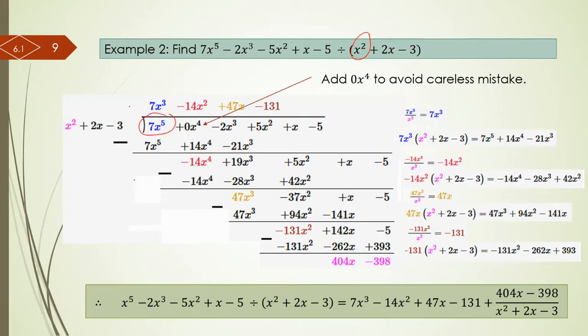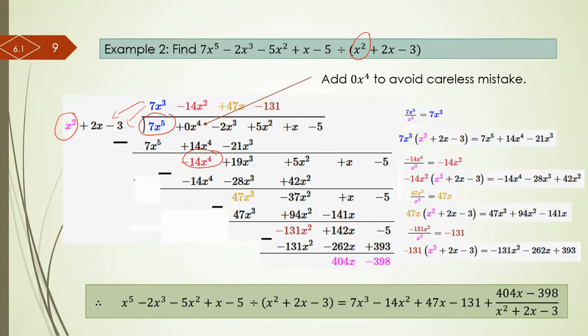The first one is 7x to the power of 5, and this one is x squared. So 7x cubed multiplied by x squared will give you 7x to the power of 5. Then you multiply for each term, and then you subtract. Next, the first one is negative 14x to the power of 4, so you need to multiply by negative 14x squared, which gives you negative 14x to the power of 4.